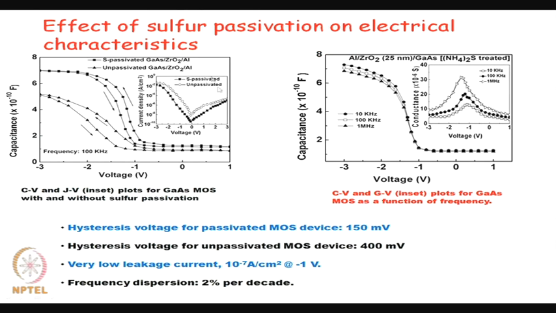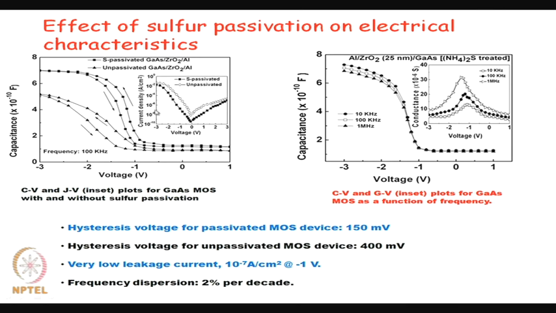Now, what is the effect of sulfur passivation on electrical characteristics? Here the upper curve is the sulfur passivated structure and the bottom one is the structure without any sulfur passivation. And in the inset we have shown the current density versus voltage.